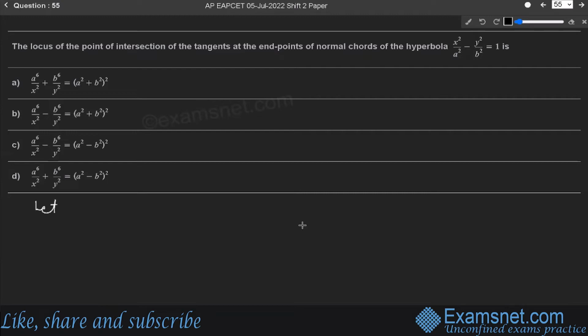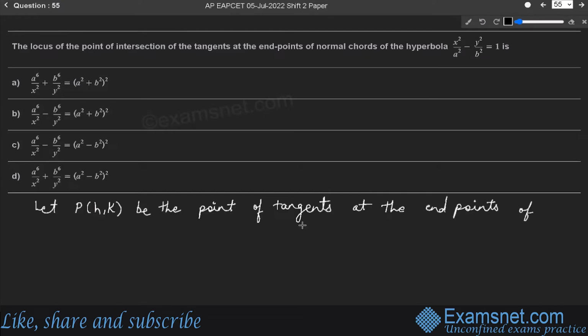Let point P, which has the coordinates h comma k, be the point of tangents at the endpoints of a normal chord, which is ax cos theta minus by cot theta is equal to a square plus b square. Let this be equation number 1.